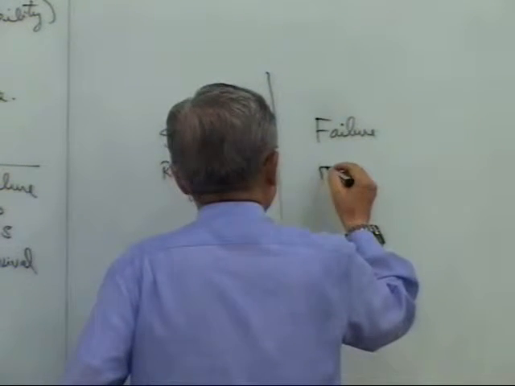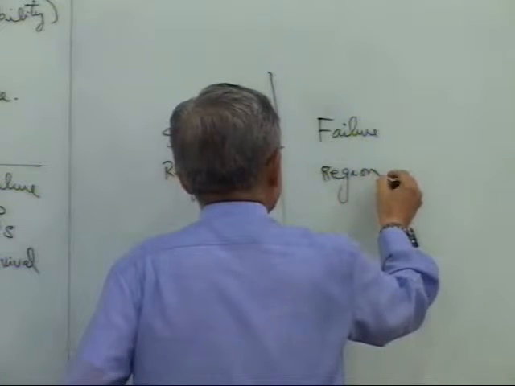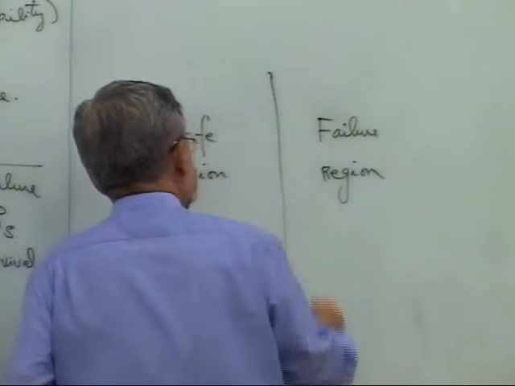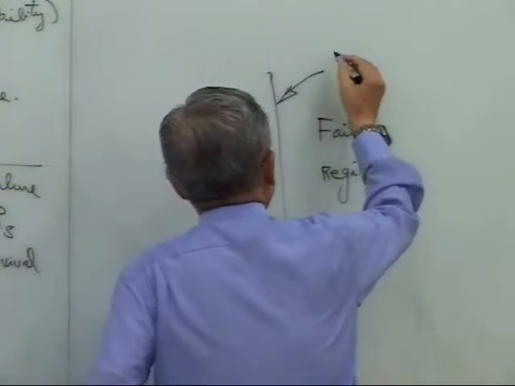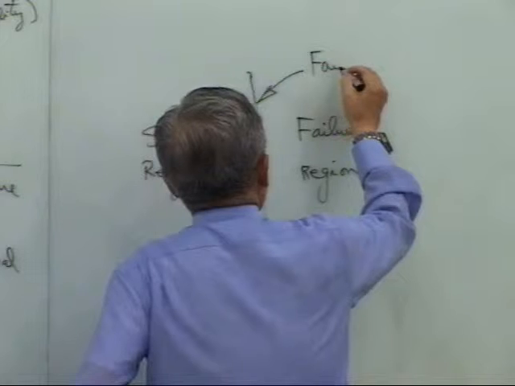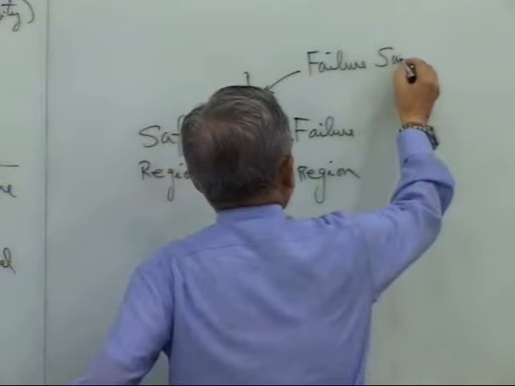This is a failure region. This is not a line. This is a failure surface, so-called. This is a failure surface.